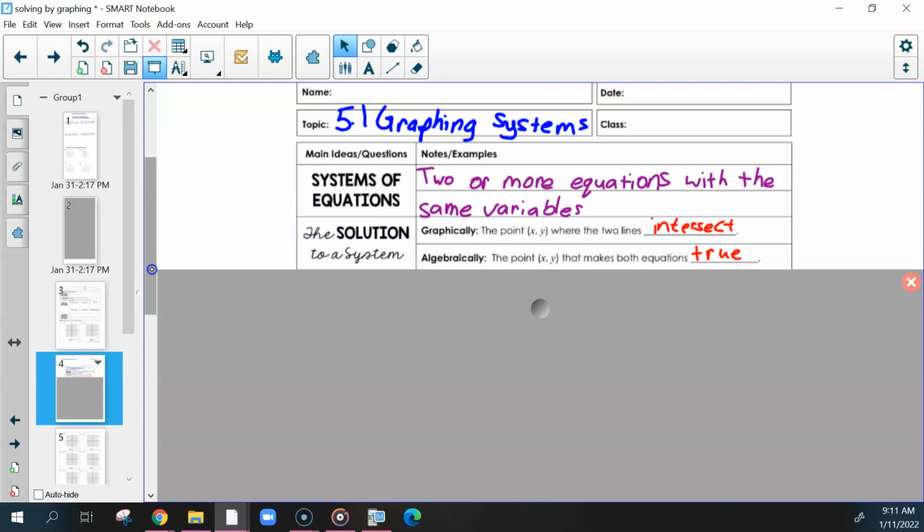In the next 3 boxes, where it says intersecting lines, parallel lines, and same line, draw an x and y axis in all 3 of them.